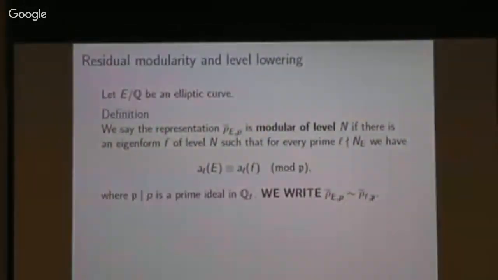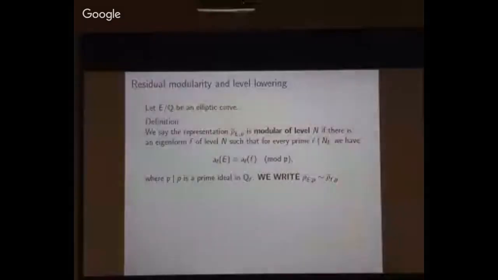And when this happens, we will denote this by rho bar, so rho tilde f of P. So for us in this talk, this notation is going to mean that we have a congruence like this. But you can see that this notation also indicates that we have an isomorphism of two Galois representations.